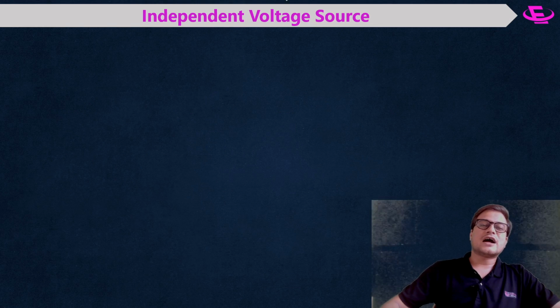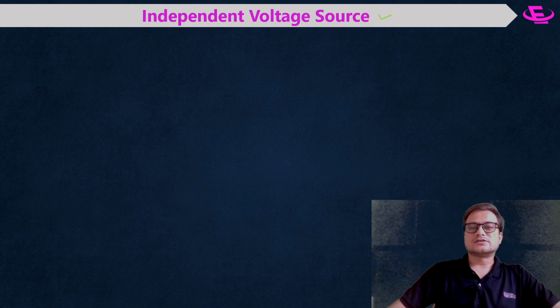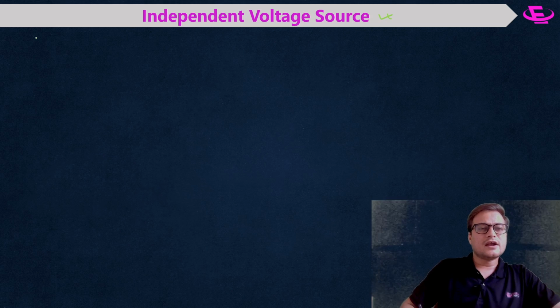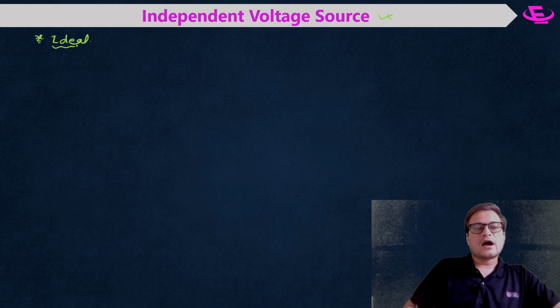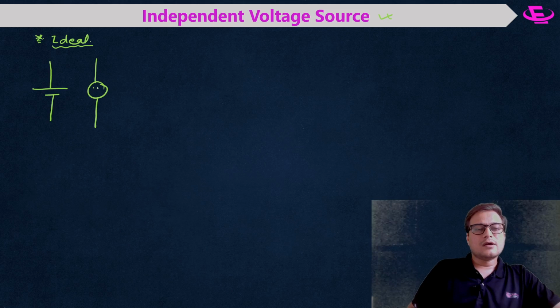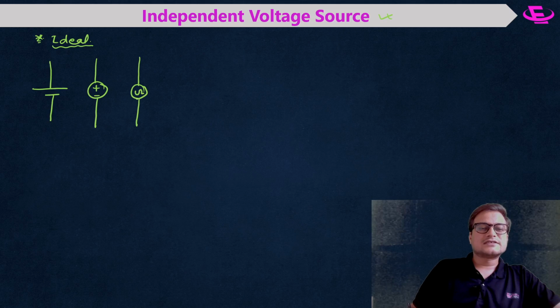So let's start with the independent voltage source. What is an independent voltage source? Again, in independent you have ideal and practical. So let us discuss the ideal voltage source. The ideal voltage source will look like this, and its symbol will be like this, with plus and minus, or if you have an alternating supply, which I'll explain later, it is sinusoidal.